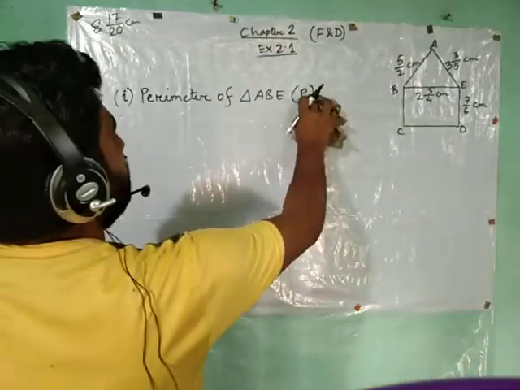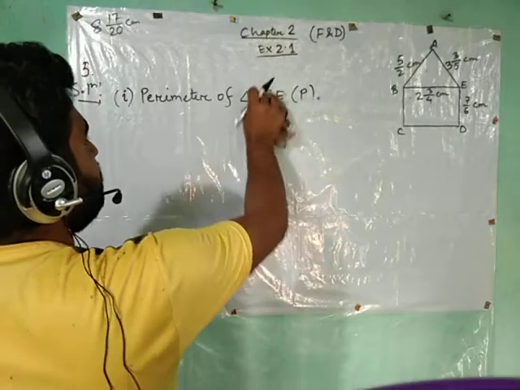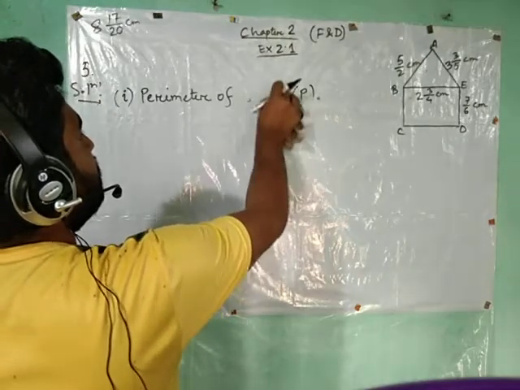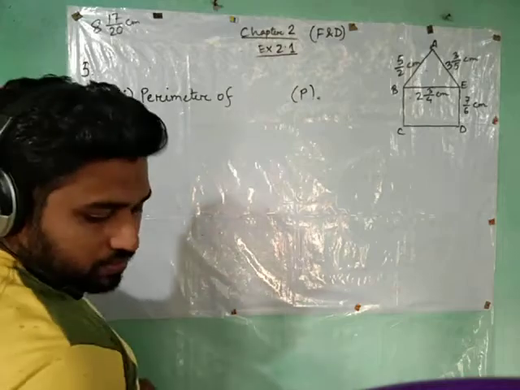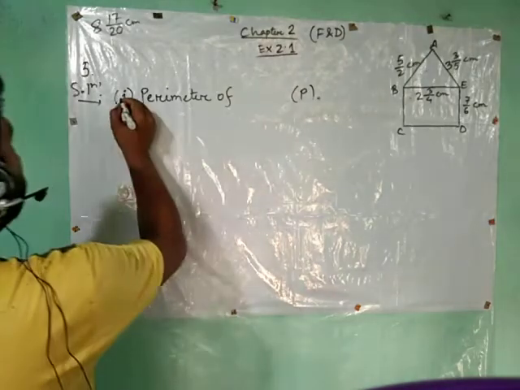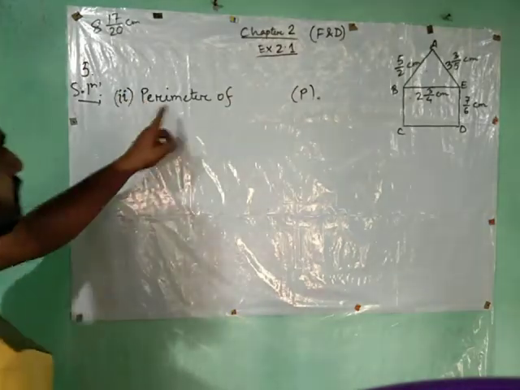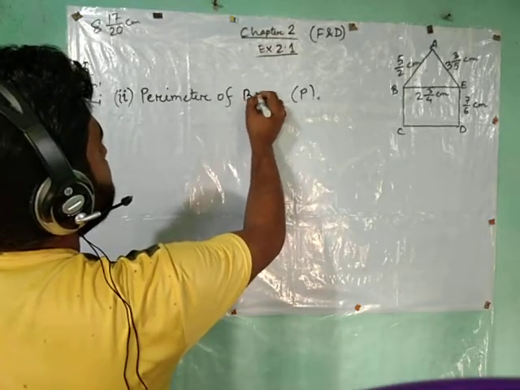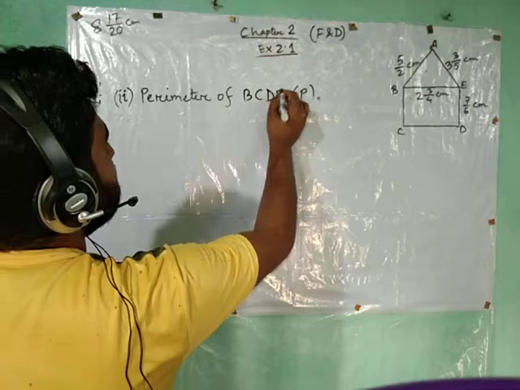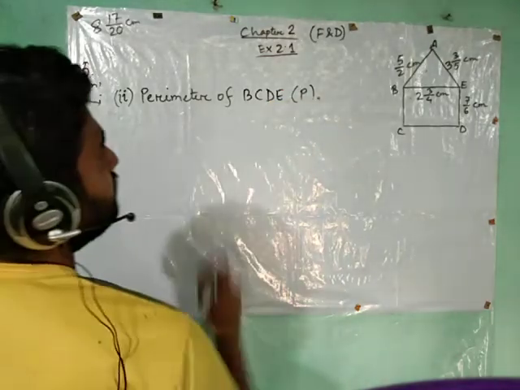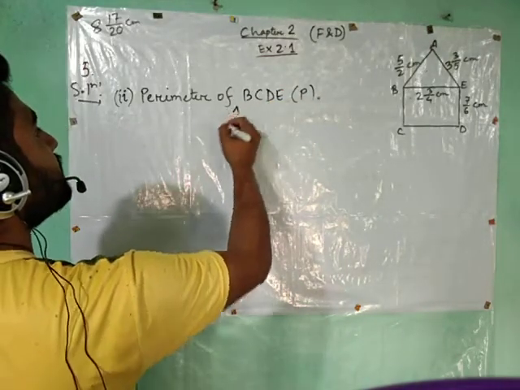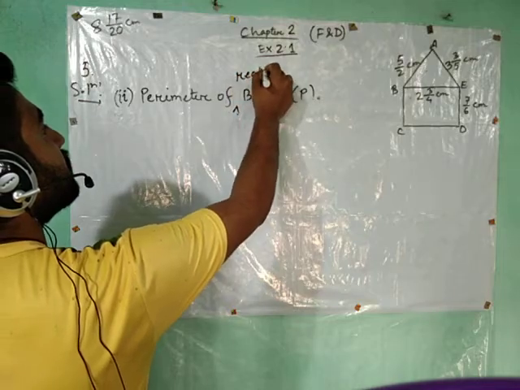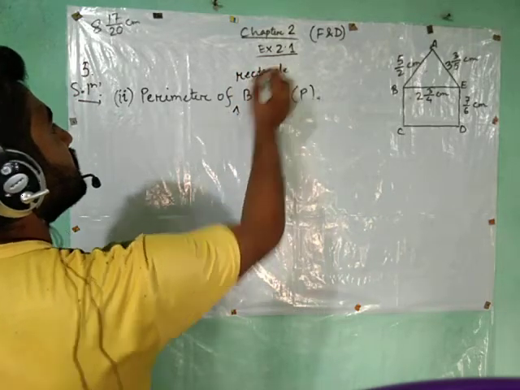Now you have to find out the perimeter, for the second part, the perimeter of BCDE. And what is it? It is a rectangle. You can write here rectangle also. Okay, you can put this word here.